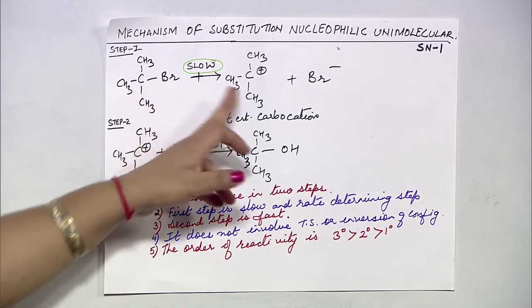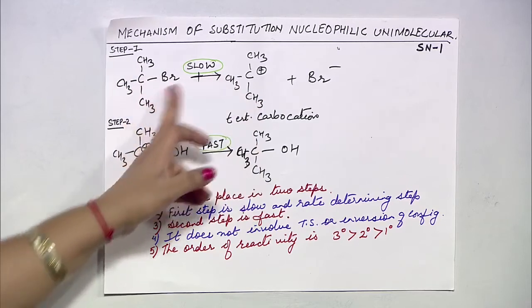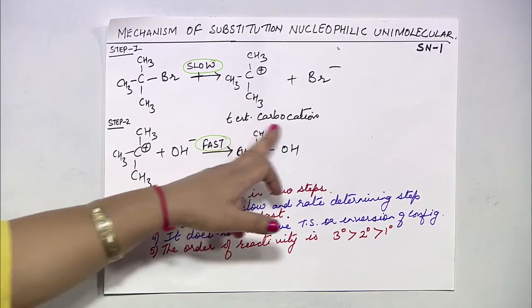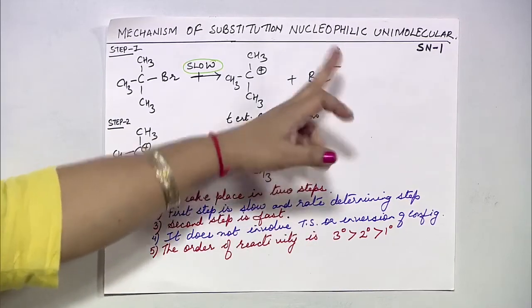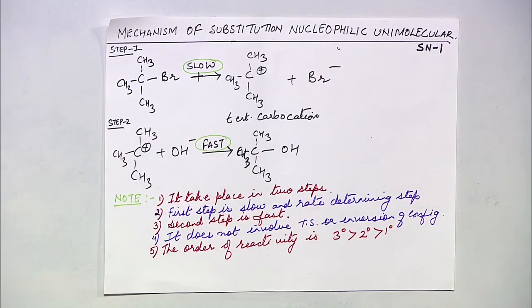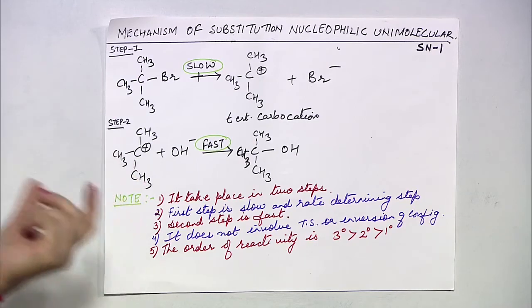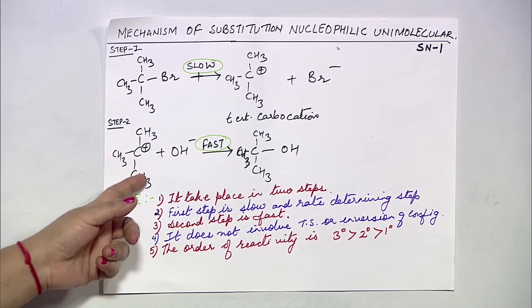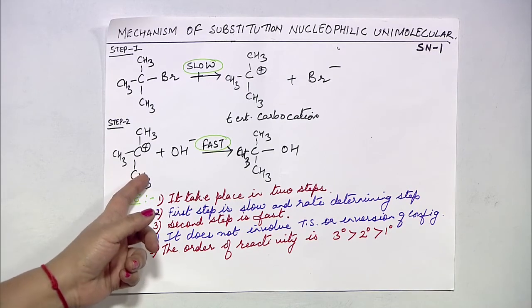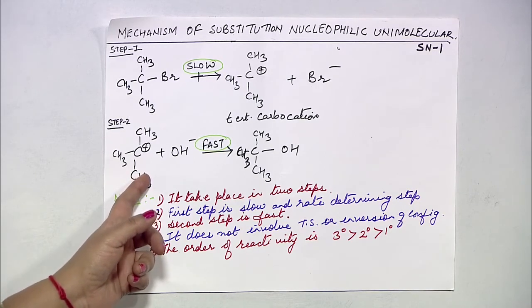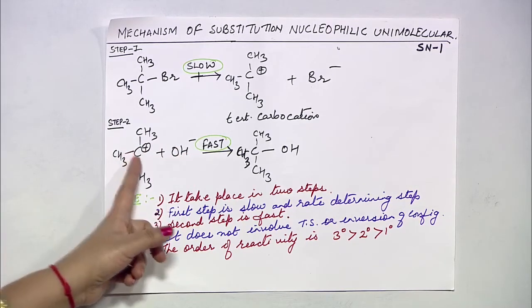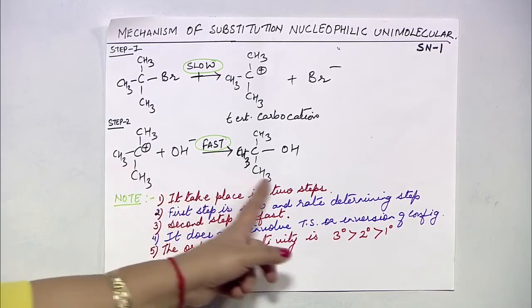This is a slow process which results in the formation of a tertiary carbocation, and Br minus is liberated. In step 2, the nucleophile OH ion will come and attack. Here it is not attacking from the back side or front side. It can attack from any side. The tertiary carbocation will be attacked by OH, and this reaction is fast.